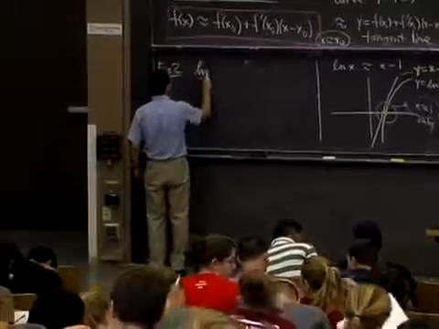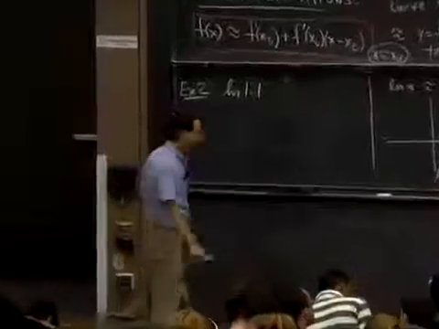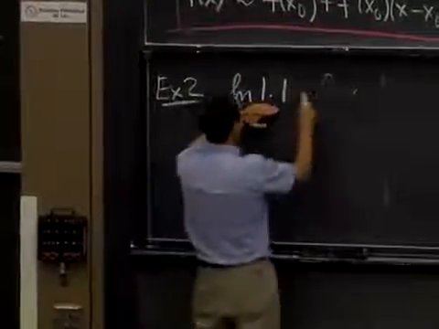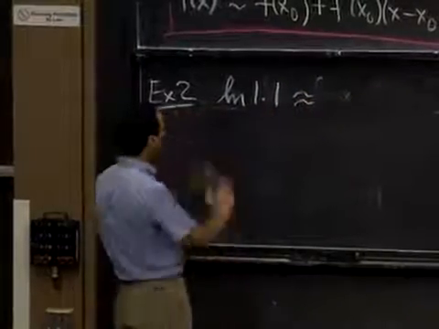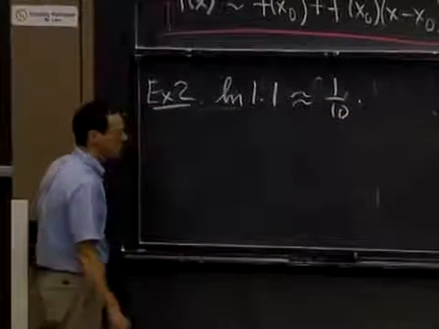So let's just take the logarithm of 1.1. I claim that according to our rules, I can glance at this and immediately see that it's approximately a tenth. So what did I use here?